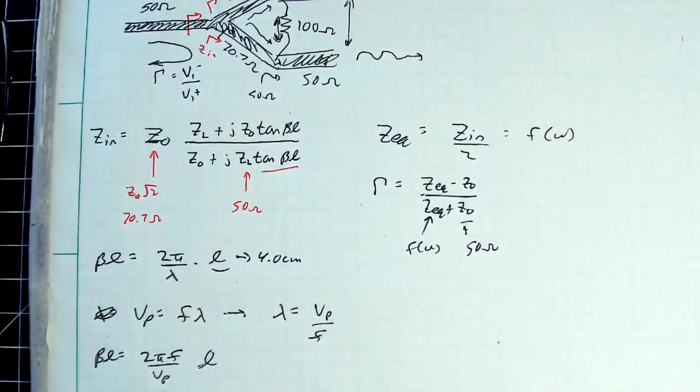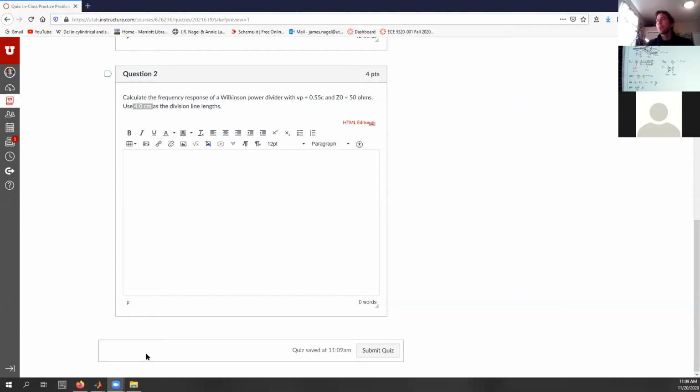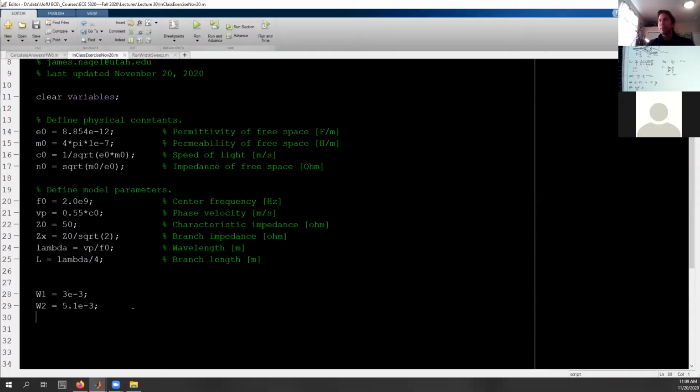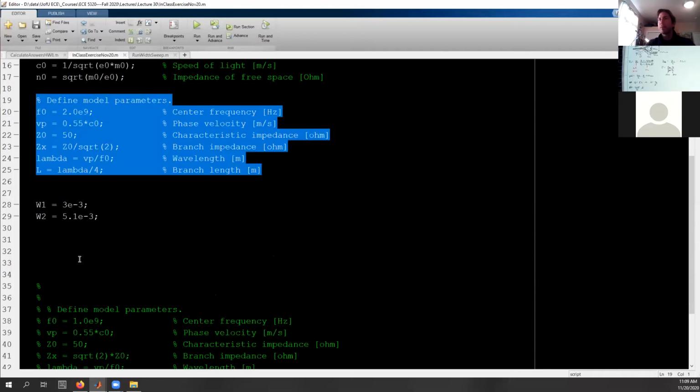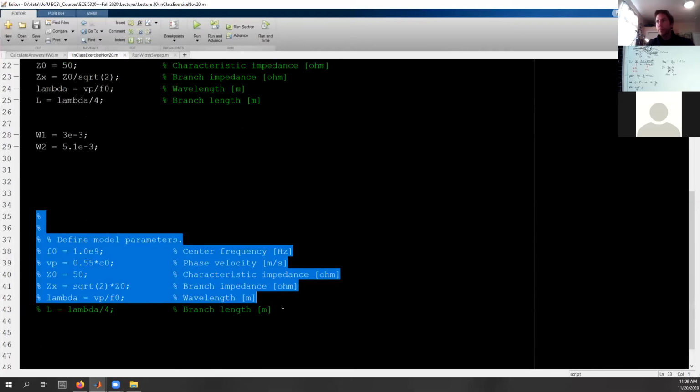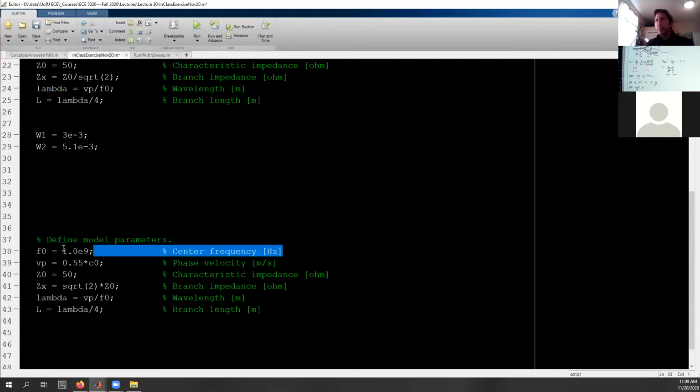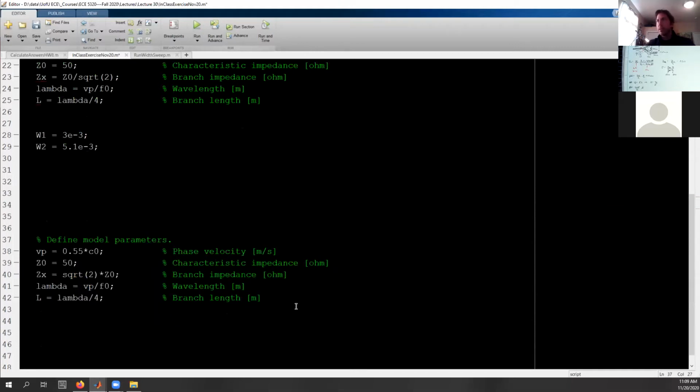Oops, I almost ended the meeting. I need to screen share it, wrong button. Okay, so let's define some model parameters again. The branch length I fixed to 4e minus 2.